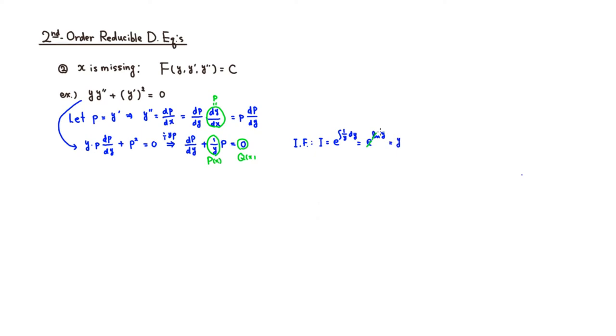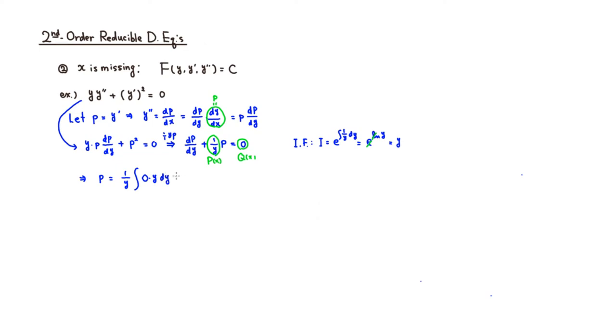So we find the solution p in terms of y. p is going to be equal to 1 over I, so 1 over y, times the integral of Q times I, and Q actually is 0, so 0 times y is 0 anyway, dy.